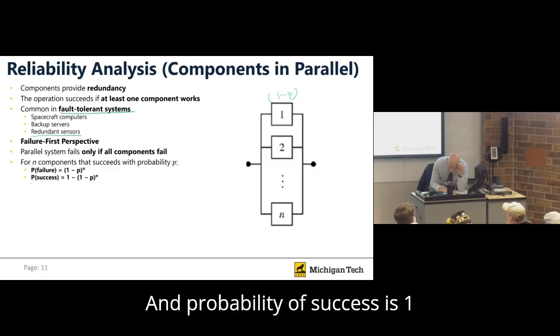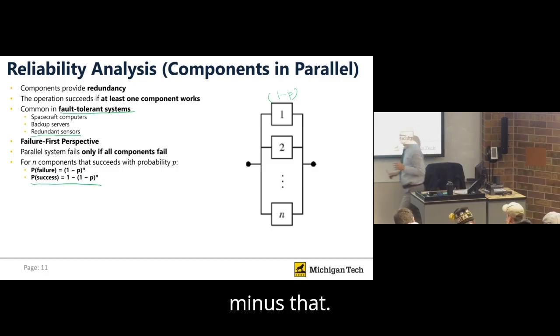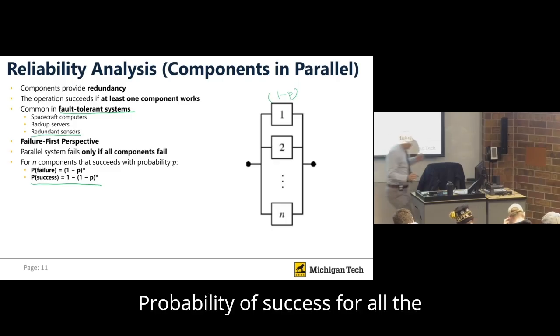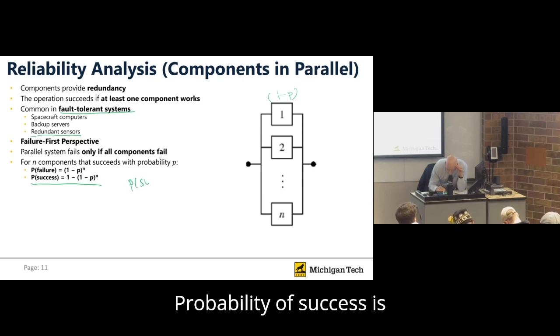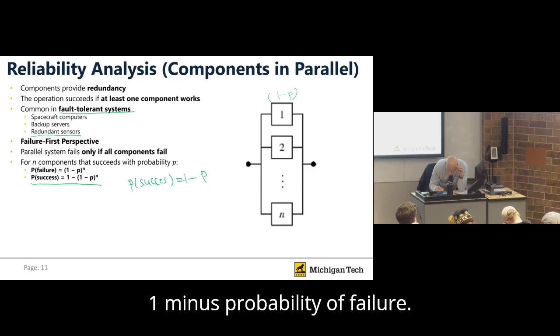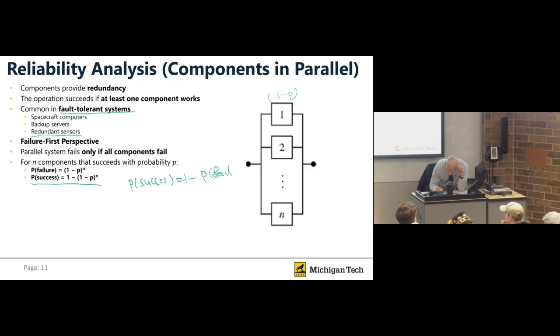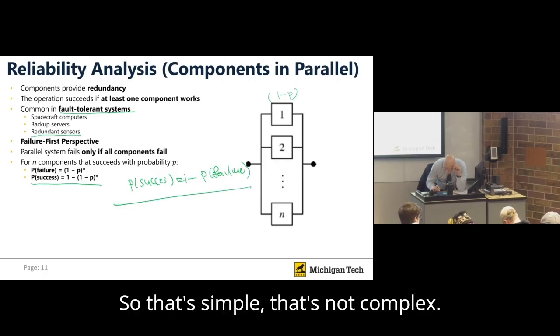And the probability of success for the whole system is 1 minus the probability of failure. Okay? So that's simple, that's not complex.